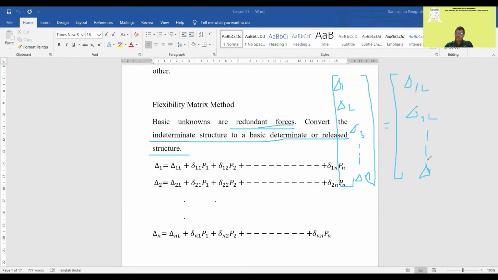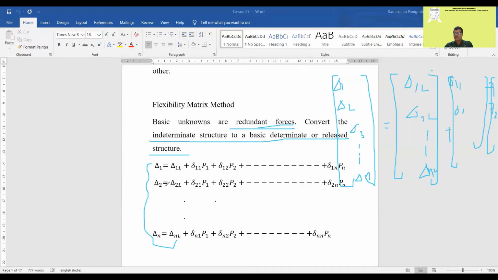With this, you have to add your delta matrix, that you have seen: delta 1,1, delta 2,1, delta 3,1. And this will multiply with P1, P2, P3, P4. So that is the redundant forces. P1, P2, P3 are the redundant forces. So you can find n number of simultaneous equations.